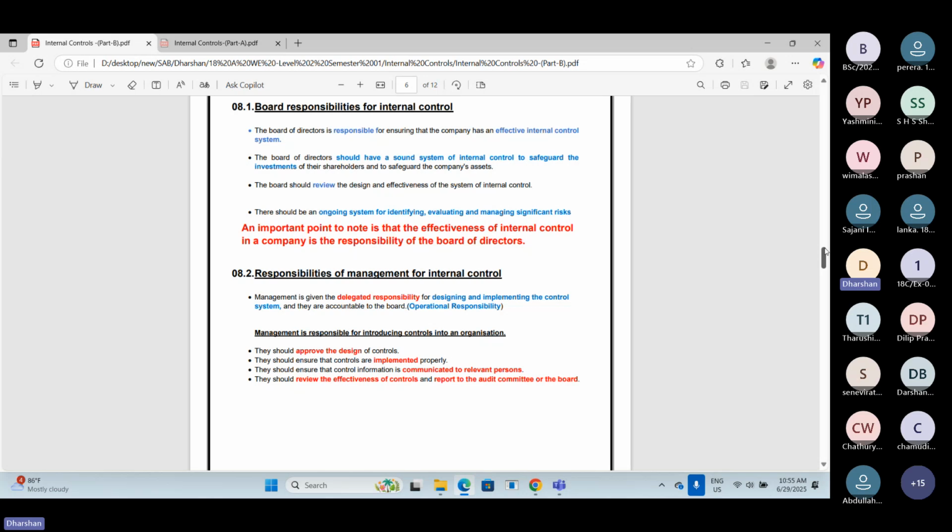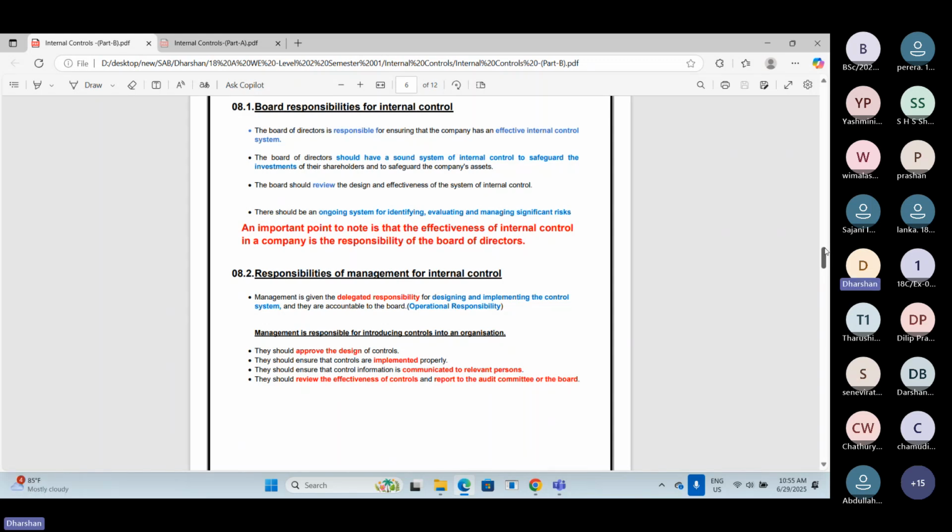That's the normal way, not only for internal control. Whatever you take in the organization, directors will give the direction. They are the directors of the company. So their strategies, their solutions, their thoughts will be implemented with the support of management.